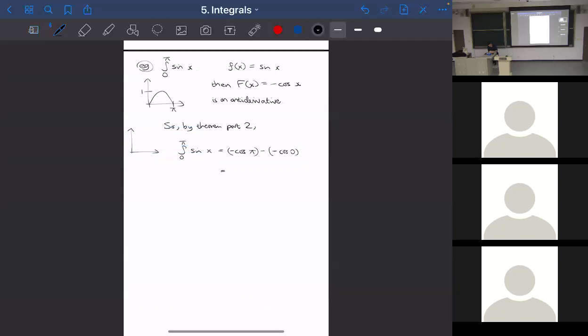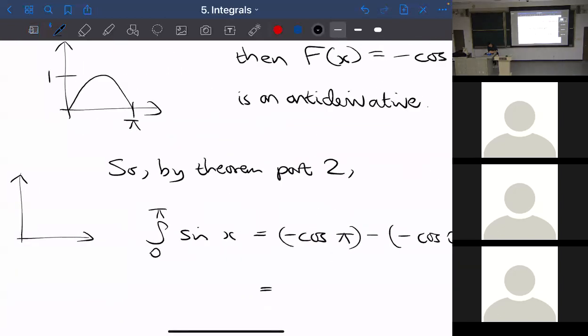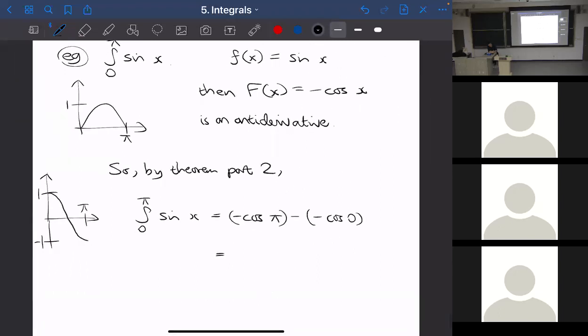So cos x starts at 1 and goes down to -1, like that.